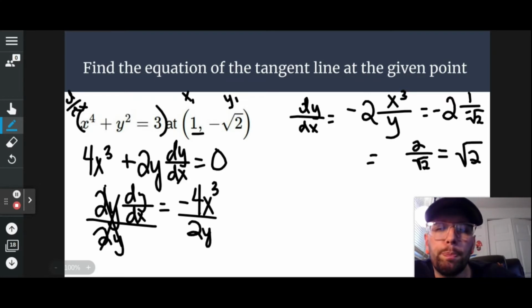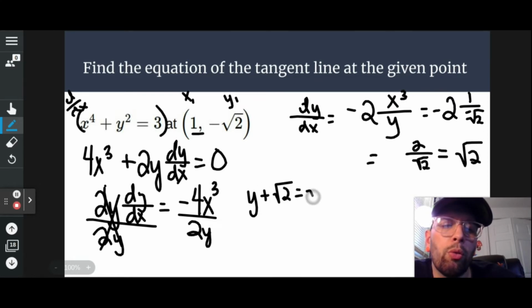So that's my slope. So y minus y sub 1 is going to be y plus root 2 equals root 2, my slope, times x minus x sub 1.